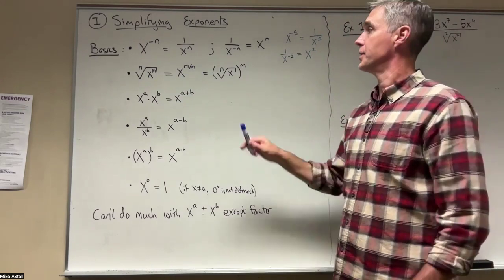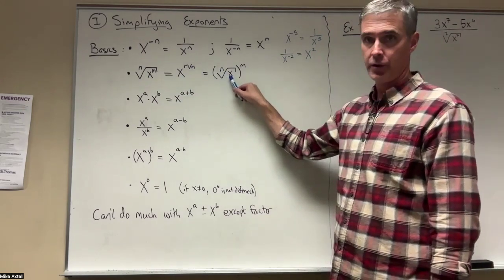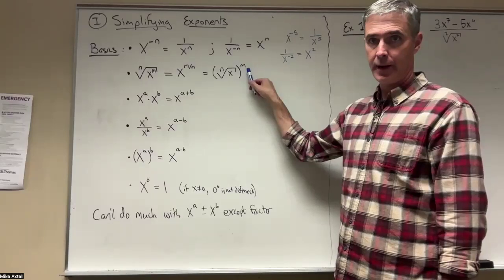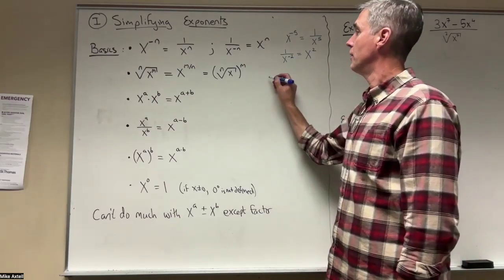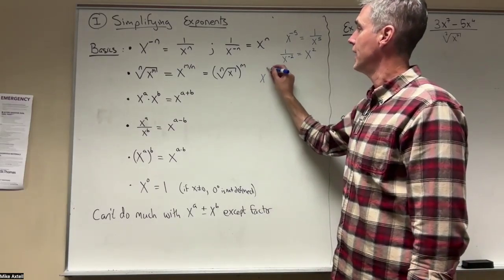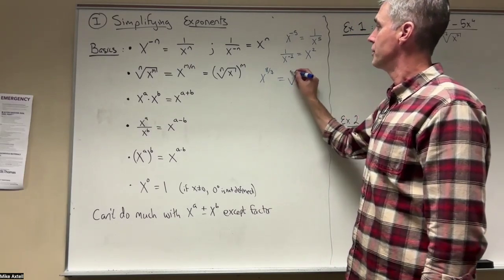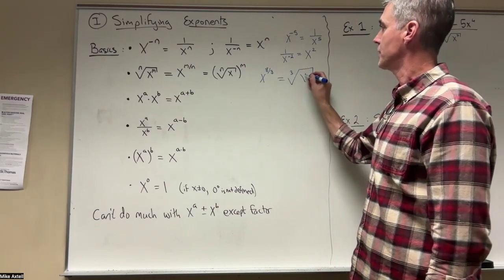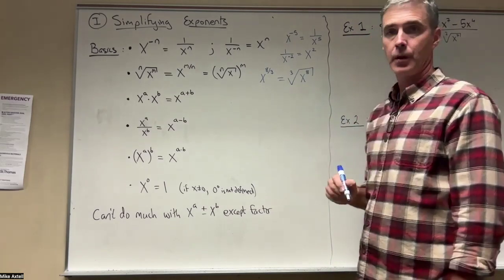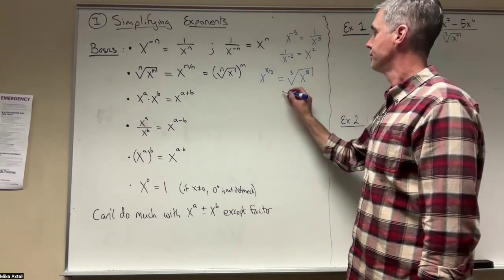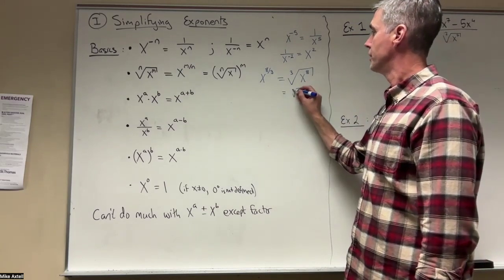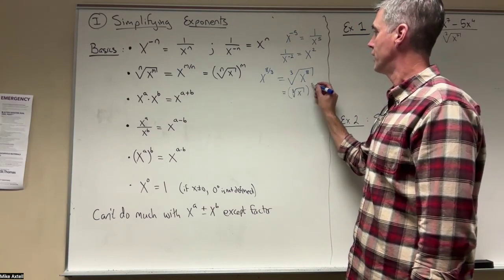And that is also the same as taking the nth root of x first and then raising it to the mth power. So, for example, if I have x to the 8/3, that means I have the cube root of x to the 8th. Okay? Or the cube root of x, all to the 8th.